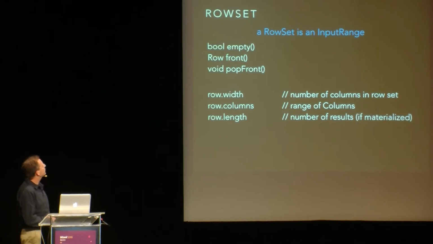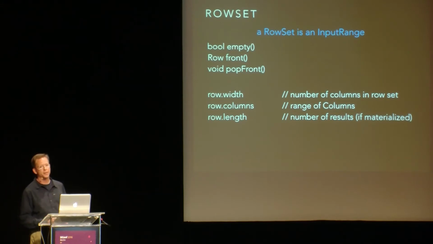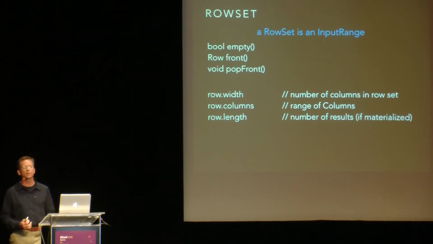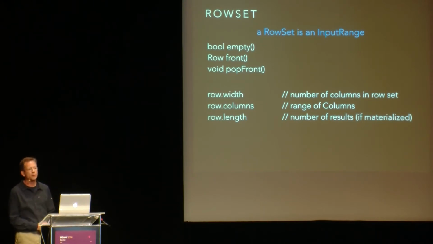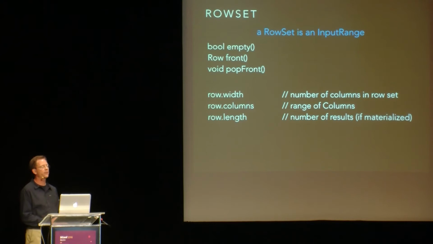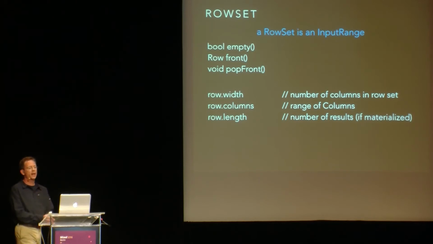Okay, so you get this row set back, and a row set is an input range. This is a big deal because I think a lot of other libraries suffer from not having this abstraction. Usually other libraries have their own type of interface, things like next or get next row or is done, and it's very specific to that API.